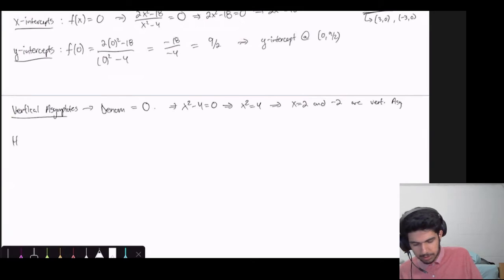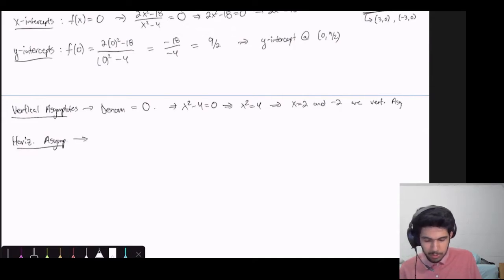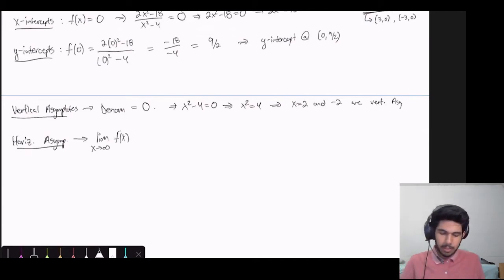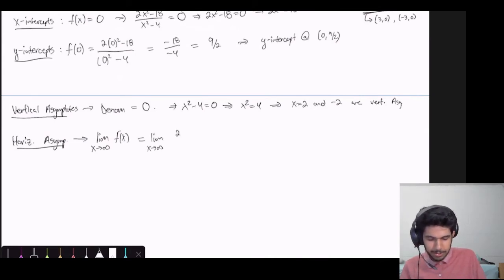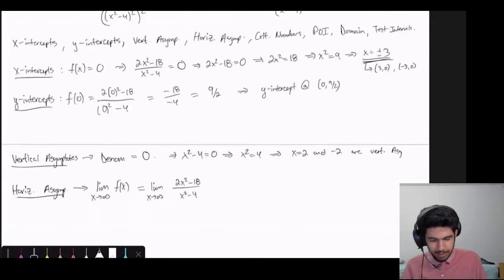All right, let's do horizontal asymptotes next. So this will be the limit as x approaches infinity of f of x. So that's equal to the limit as x approaches infinity of, I'll just rewrite the equation. Yeah, that's right.